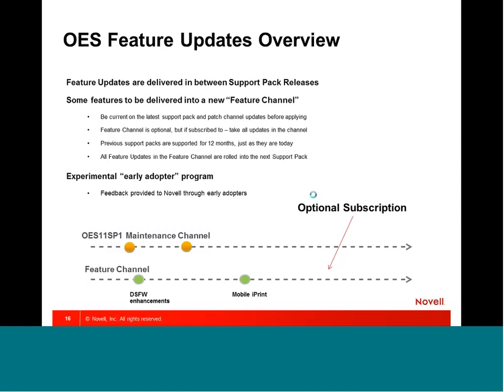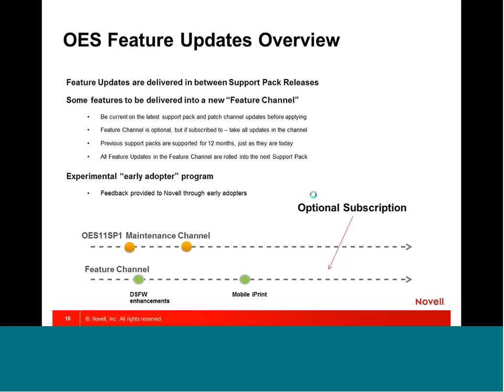Other things will be delivered through a new channel, which we'll call the feature channel, and if you wanted to get these new features faster, you could subscribe to that channel and get those new features implemented into your system.